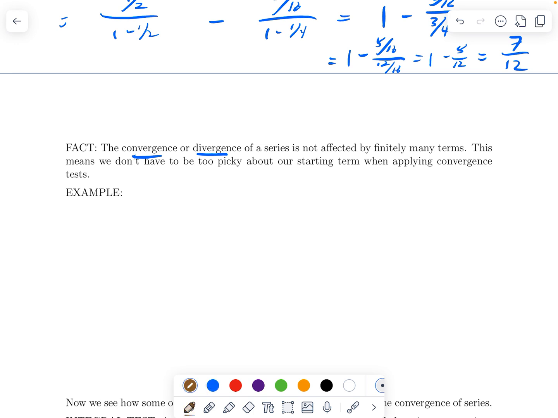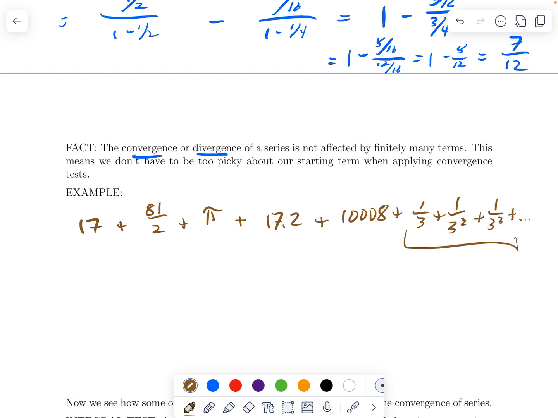So as an example, if I have some random behavior for a while, but then a pattern emerges, and I notice that this part is convergent geometric, then the whole thing is convergent.